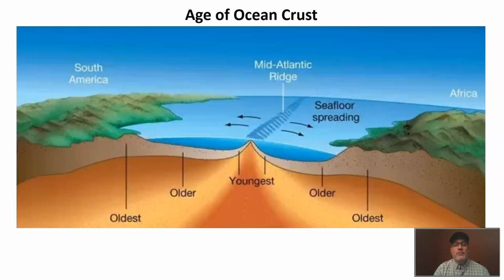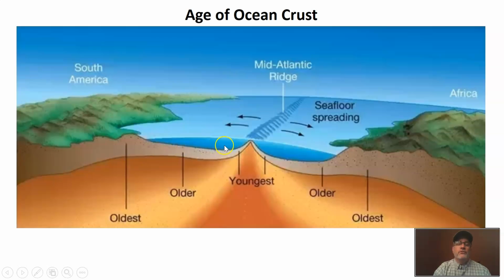And we're talking about a few million years. But when we move further away from this plate boundary, remember, these plates are moving away from each other. The further we get away from the plate boundary in either direction, the older the crust gets. This is crust that was created maybe millions of years ago. And when we get even further away, out maybe near a subduction zone where it's being destroyed, that's going to be our oldest crust.